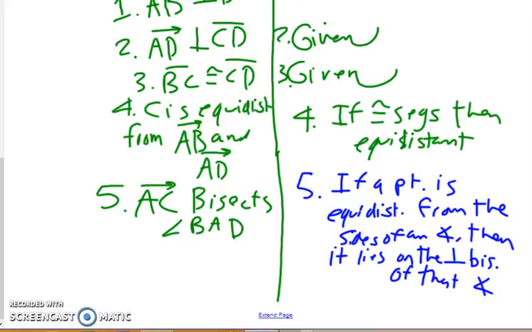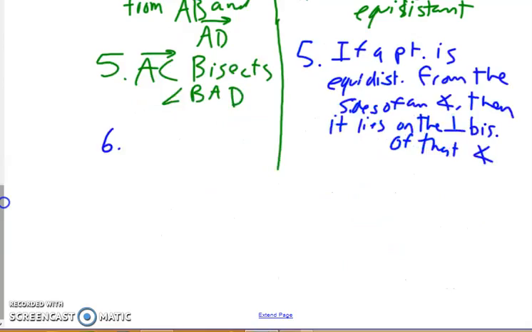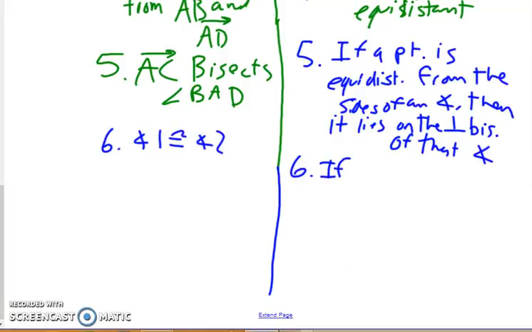Once we have that AC bisects angle BAD, we know then that angle 1 is congruent to angle 2. And we can just say if bisects, then two congruent angles.